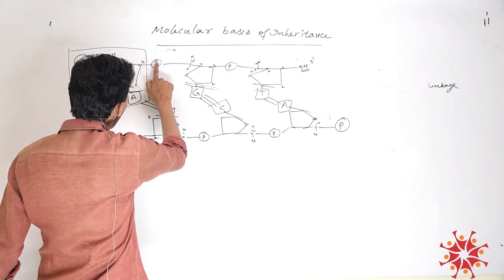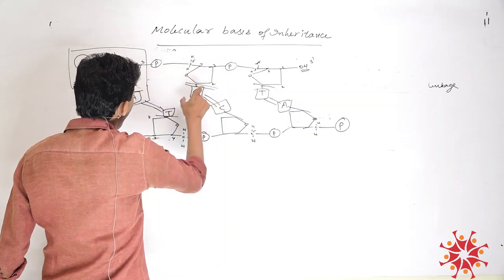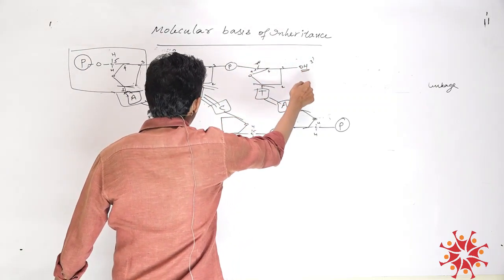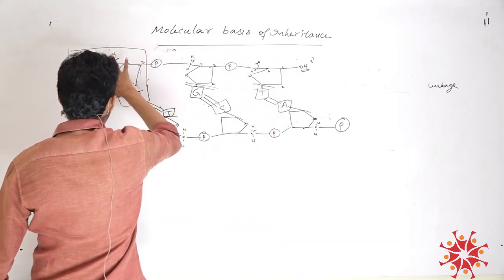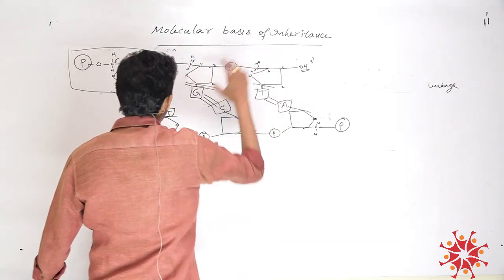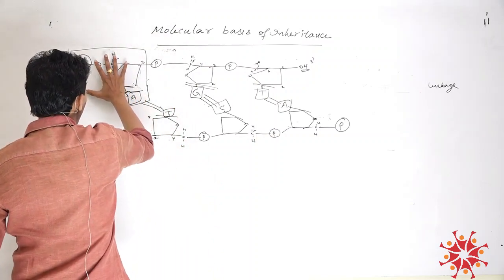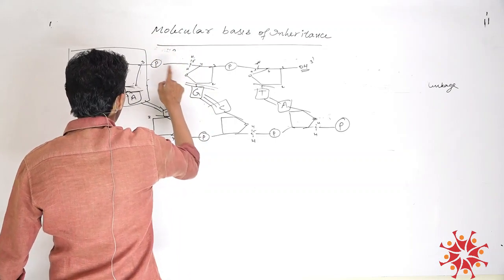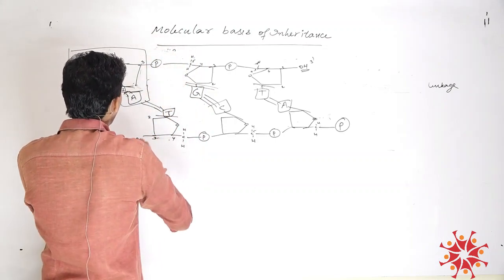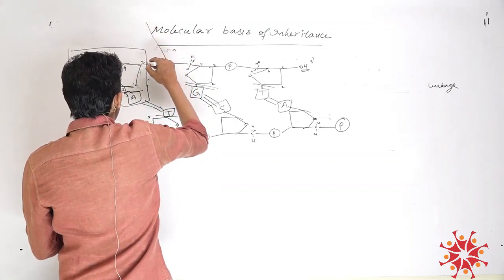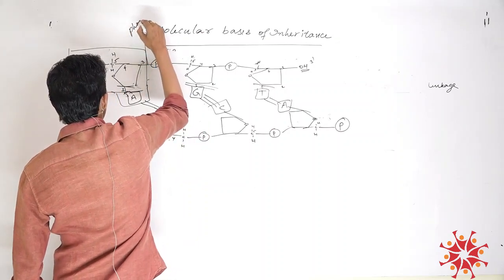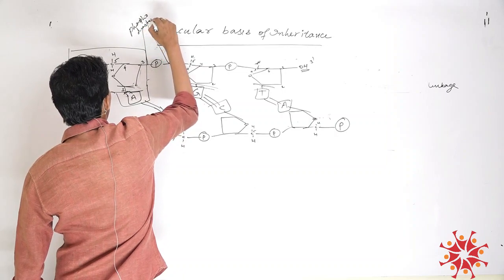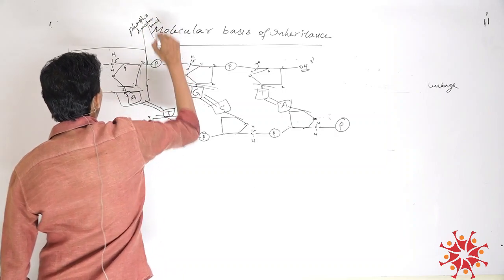Similarly, this one phosphate group, pentose sugar, and this nitrogenous base. This is another nucleotide. This is another nucleotide. So this is a polynucleotide chain. One nucleotide, another nucleotide, another nucleotide. So this nucleotide is attached to this nucleotide by this bond, phosphodiester bond. This is this bond plus this bond. It is called phosphodiester bond, right?